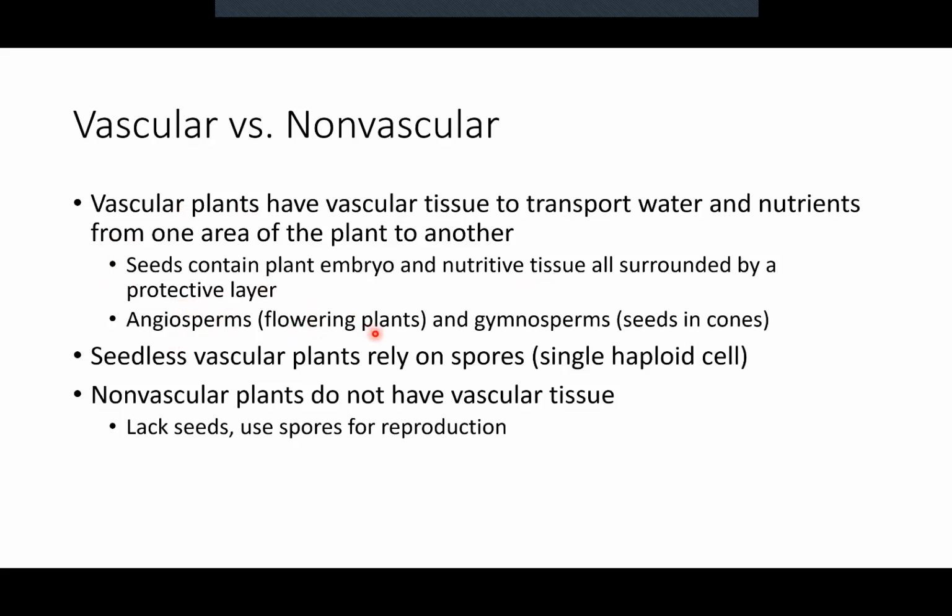Angiosperms are flowering plants, and gymnosperms are plants that produce seeds and cones for the most part. Seedless vascular plants such as ferns rely on spores, which, as we talked about earlier, are single haploid cells. And then non-vascular plants don't use seeds, they use spores for reproduction.